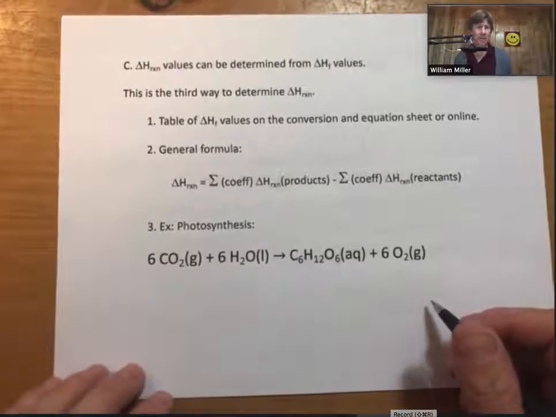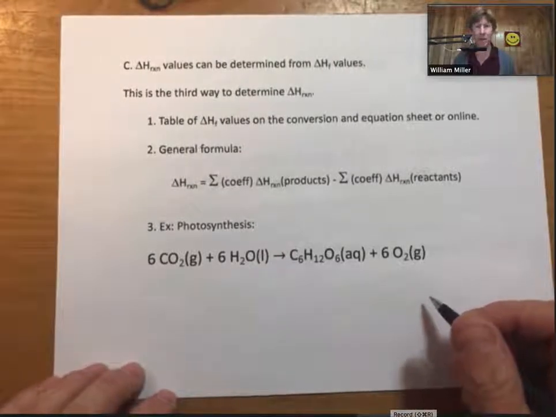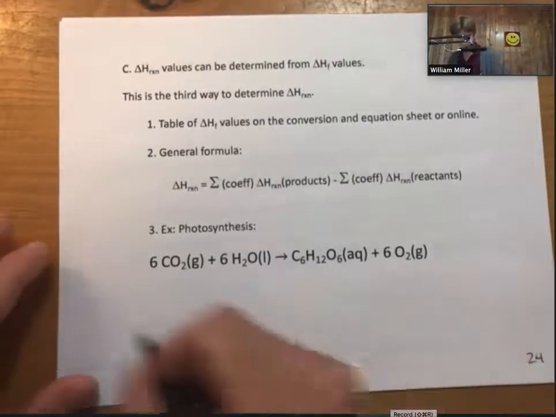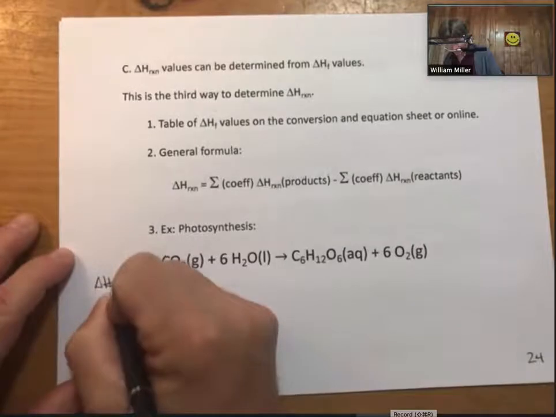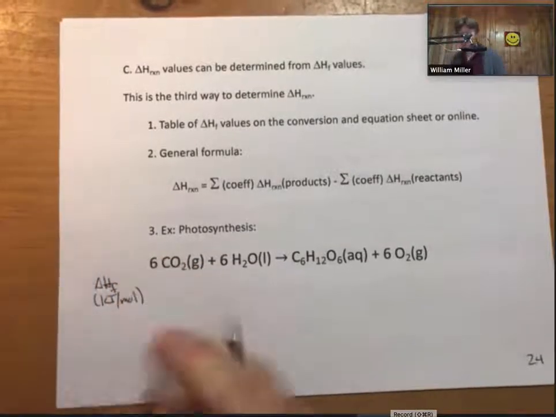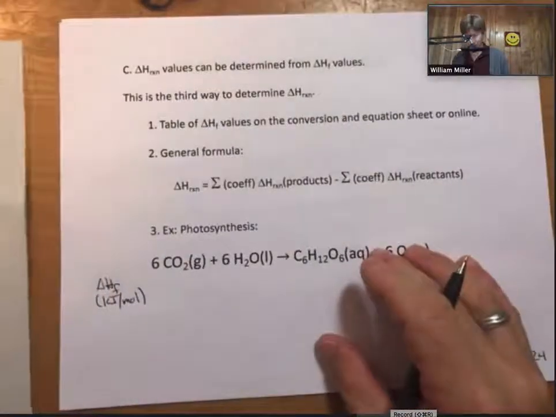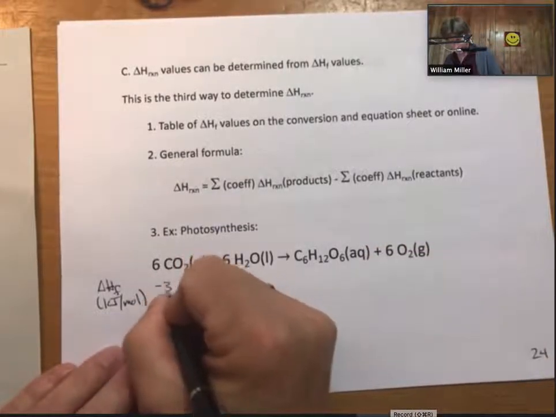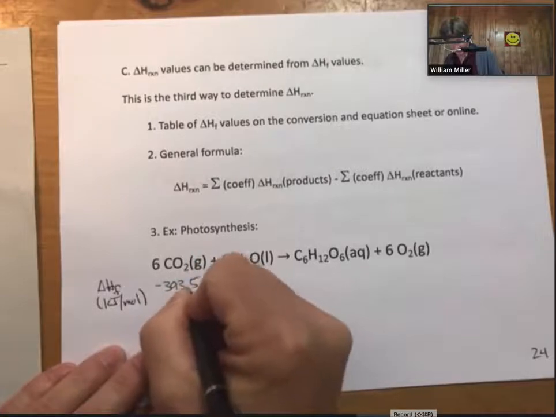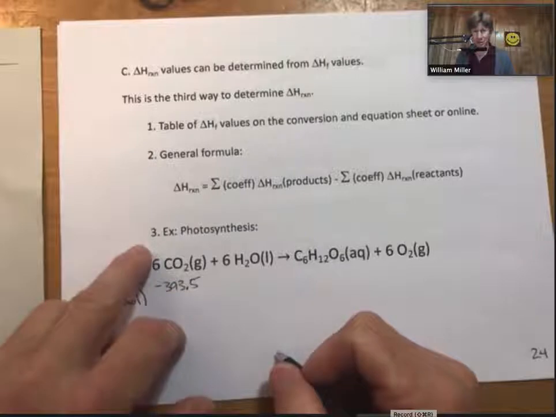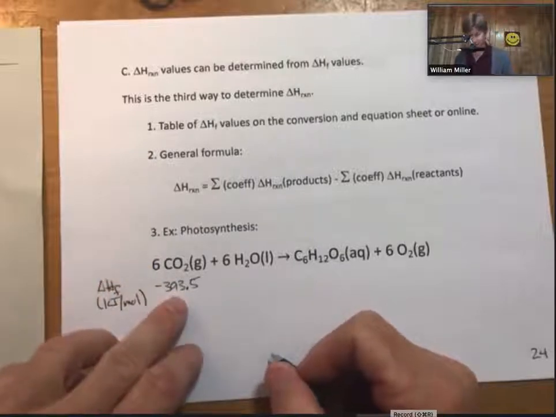Photosynthesis, the question we're going to ask is, is it exothermic or endothermic? So in order to do this, what I like to do is go to the table, look up all the delta HF values for all of them. If we do, this is going to be minus 393.5, and I'm not doing the coefficient parts yet, I'm just writing the numbers.